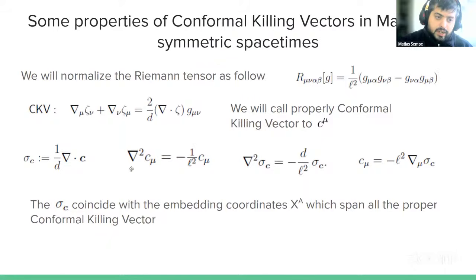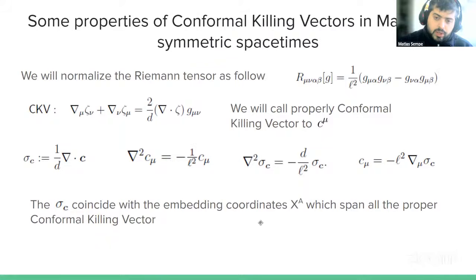Also, the one form is exact, it is the derivative of a function. So those functions that we have put here can be chosen to be the embedding coordinates of de Sitter when we parameterize this, obviously. And this spans all the proper conformal Killing vectors.